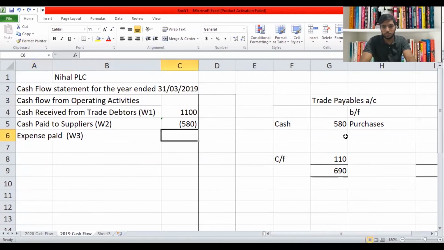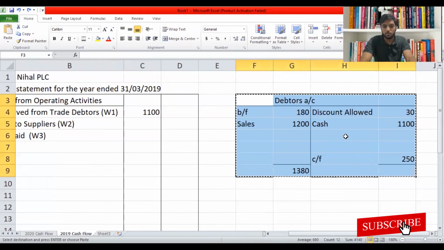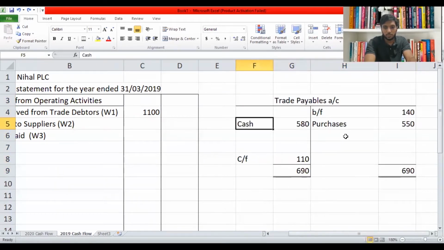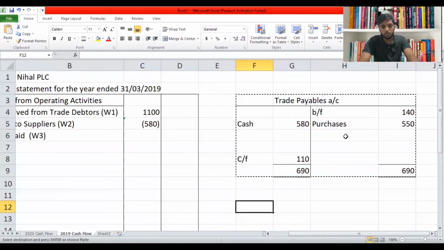give me a second, guys. I think I removed the receivables also. I don't want to remove it, so I'll just have a copy of it here.